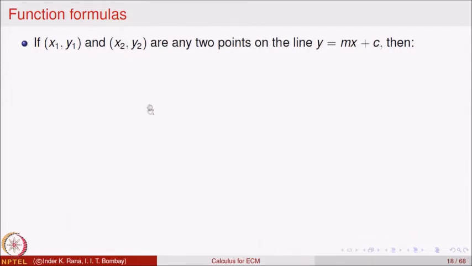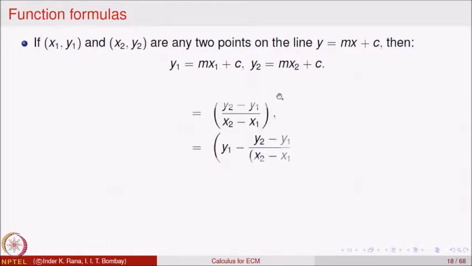Because these 2 points lie on the line, we must have y1 equal to mx1 plus c. So, (x1, y1) satisfies the equation y equal to mx plus c, and similarly (x2, y2) also satisfies the same equation. So, y2 is equal to mx2 plus c.